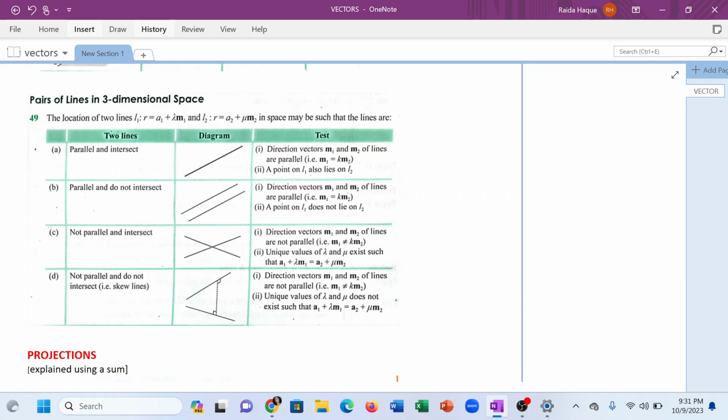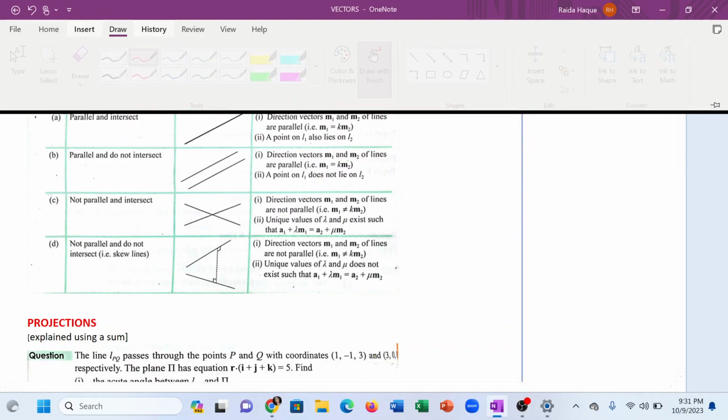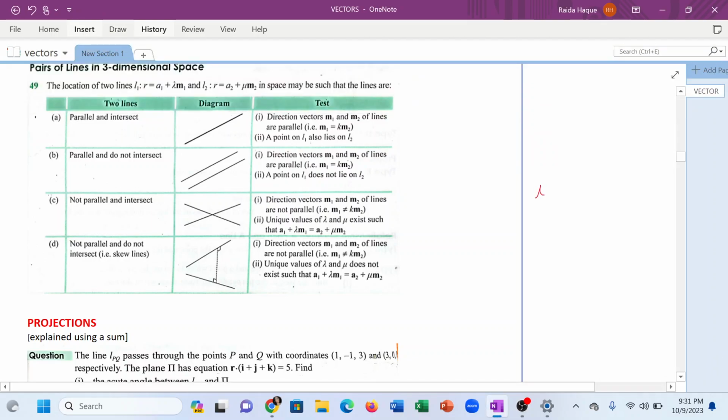Okay, so you know how for a line you can get three separate equations, right? So for L1, you have value, value, value plus lambda, value, value, value.